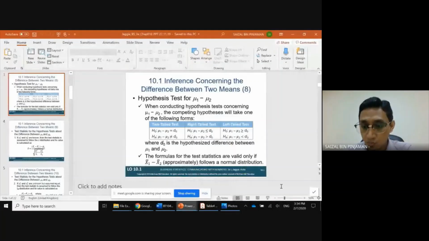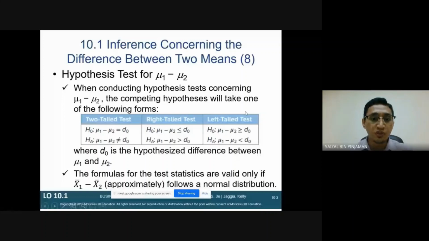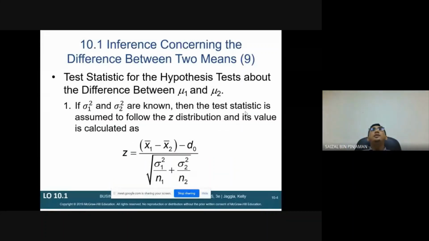So, all right, we go back to chapter 10. Another information that you need to know in conducting hypothesis testing is the information about the standard deviation or the variance. Remember, if you know the variance or standard deviation of the population, in that case, you have to use the z value, just like what we discussed before on chapter 9.